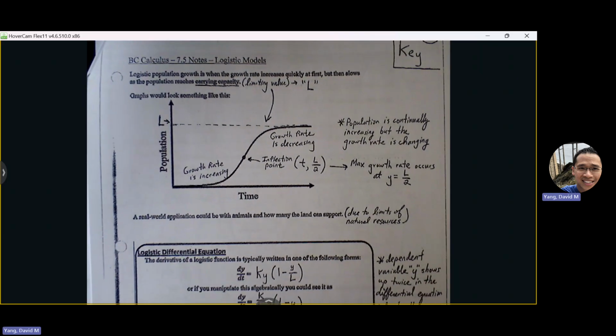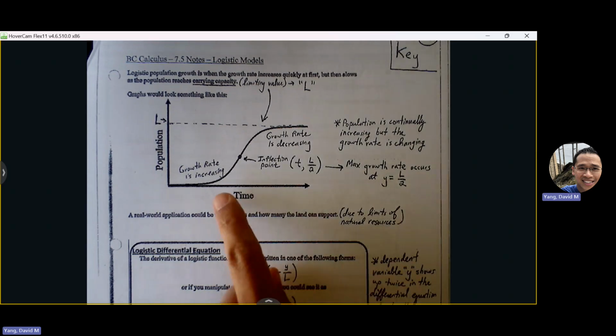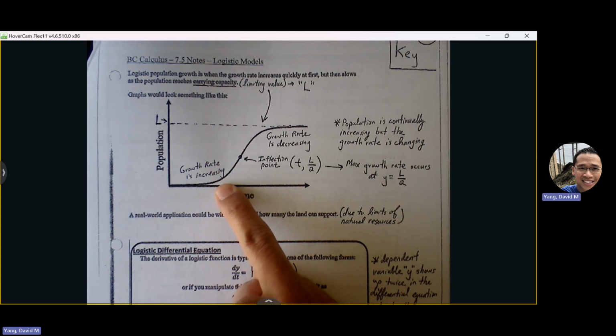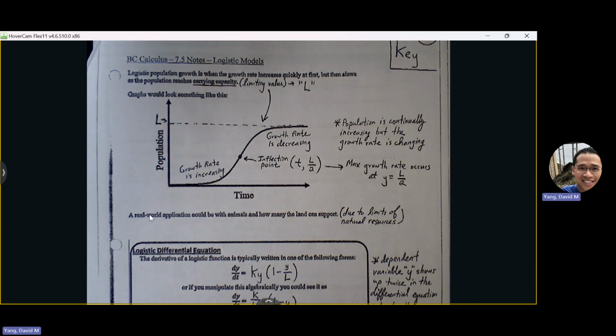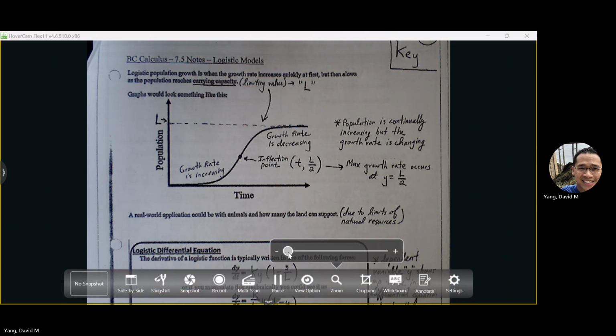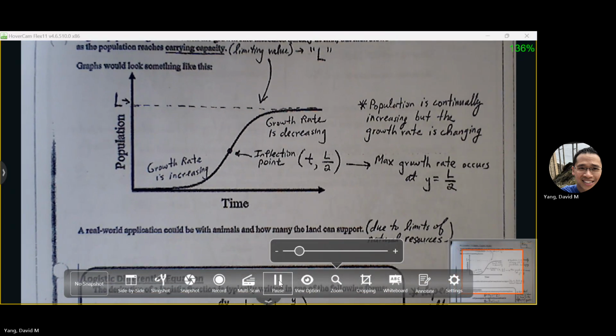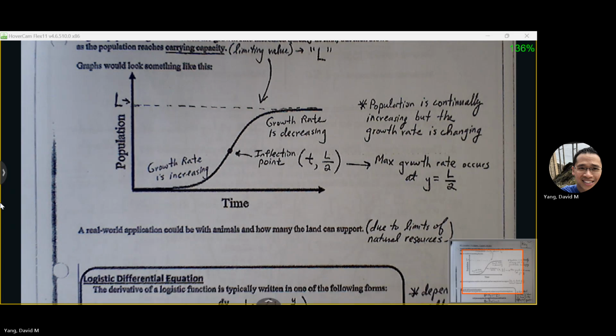Have you guys copy down a few things here. Your growth rate is initially going to be increasing. At some point, it's going to hit an inflection point, and that is where the maximum steepness is going to occur. Your max growth rate is going to occur.